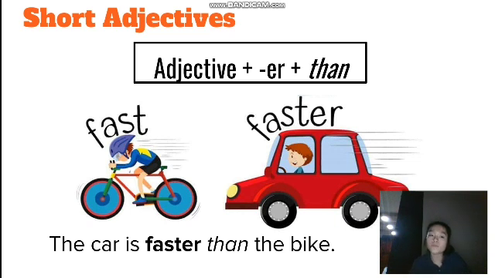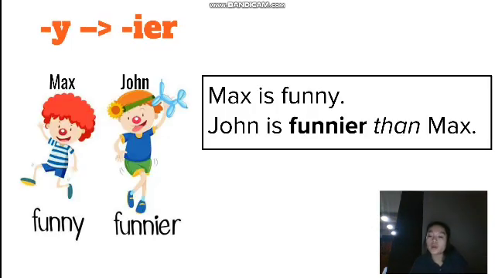For example, the car is faster than the bike. When you use an adjective that ends with the letter Y, change it into IER. For example, Max is funny, but John is funnier than Max.